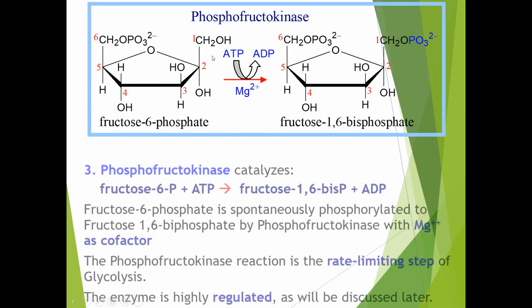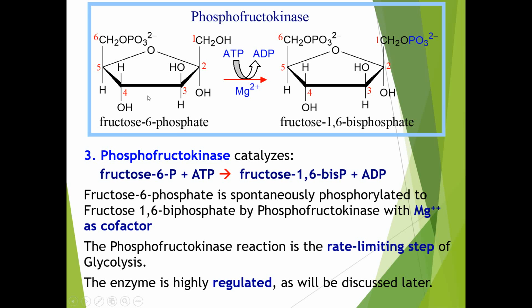Next, we will proceed towards the third step of glycolysis, in which fructose 6 phosphate gets converted into fructose 1,6 bisphosphate. For this reaction, three prior elements are essential: phosphofructokinase, an ATP molecule, and magnesium ion.